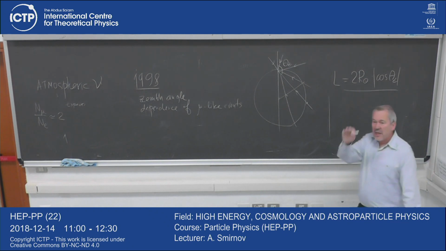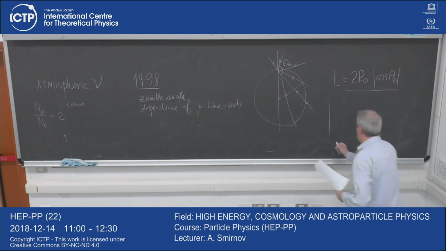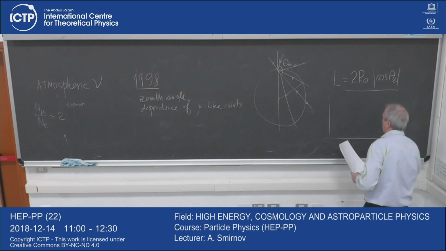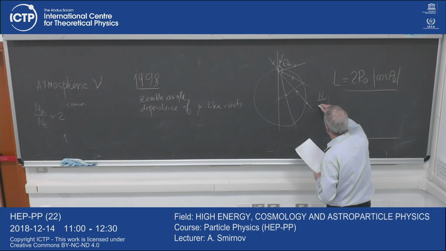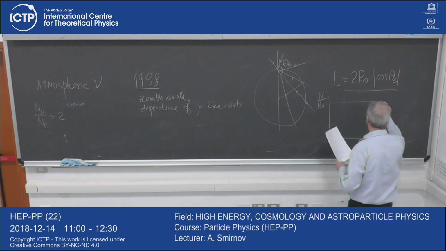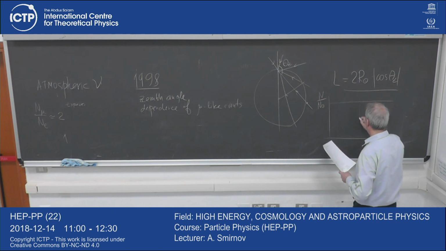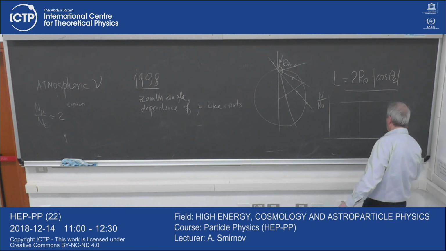And therefore, studying the zenith angle dependence of your events, you essentially study the dependence of the oscillation probability on L. Okay? So the result was the following. That was the number of events observed over expected without oscillations, and it had the following shape. So this is cosine theta zenith.